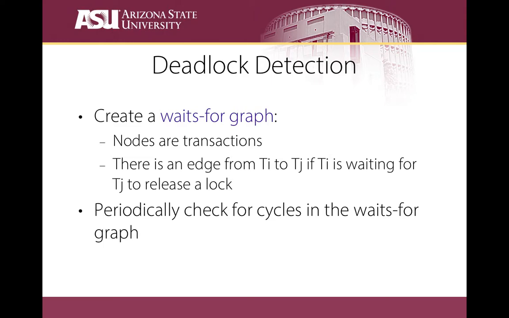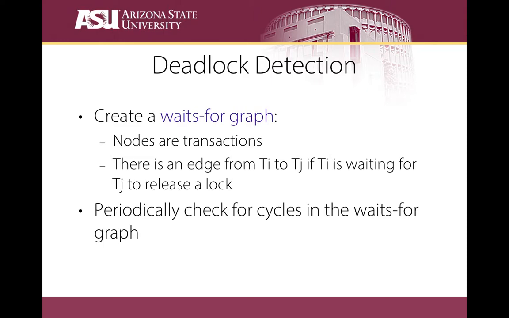It's called waits-for because an edge between a transaction and another transaction means that this transaction is waiting for the other transaction to release the lock. So for transaction Ti and transaction Tj, there is an edge if Ti is waiting for Tj to release a lock on an item because it needs it. And vice versa.